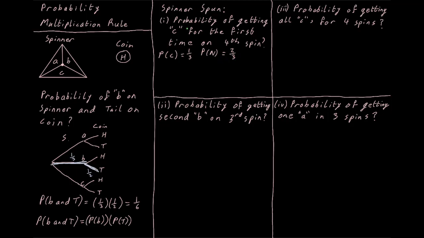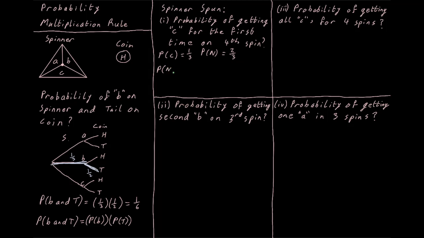So what's the probability then, if I spin the spinner 4 times, that I get a first C on the 4th spin? Well, how could that happen? To get the first C on the 4th spin, I have to have not gotten a C up until then.